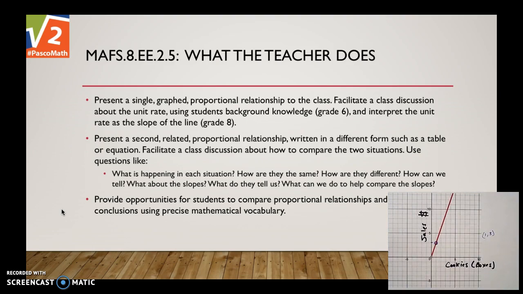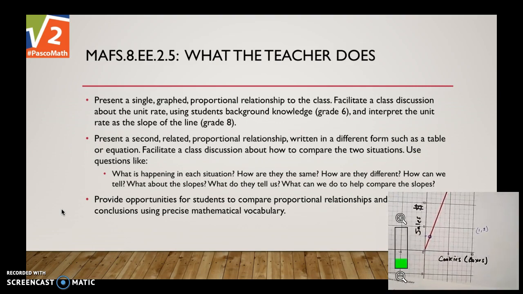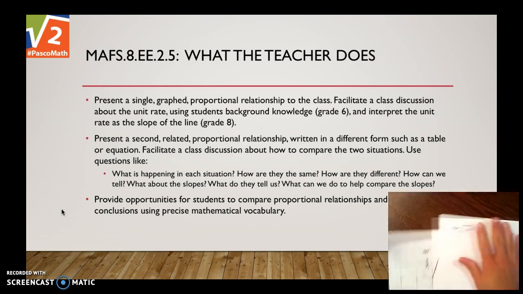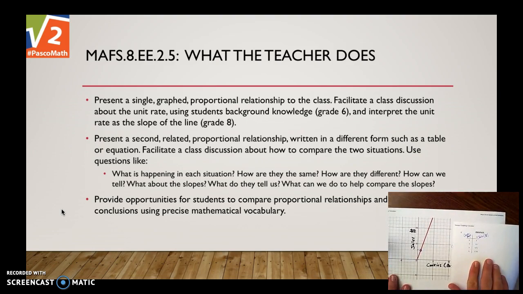Then you also need to present the students with a second related proportional relationship written in a different form. And so if we had something like a table, let me see if I can zoom out here. So I also could present just this table here. So you can present them side by side.